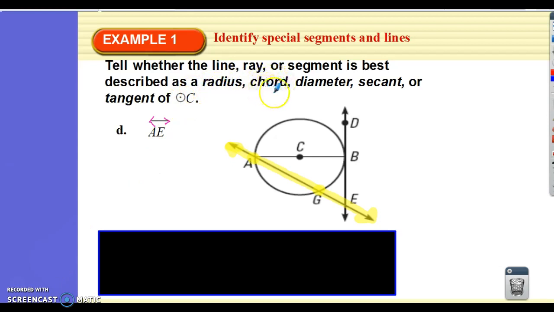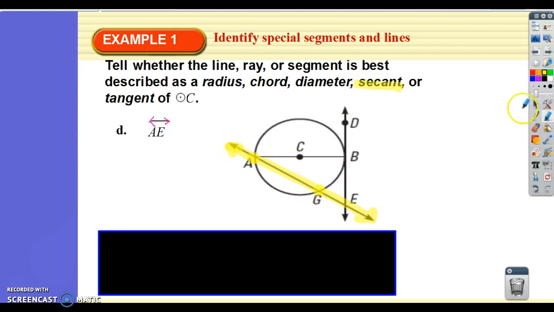It is not a chord because a chord is a segment. It is not the diameter because the diameter is a chord that contains the center of the circle. A secant or a tangent? A tangent intersects the circle at only 1 point, so this must be a secant. A secant is a line intersecting a circle at 2 points, and it continues through the circle.